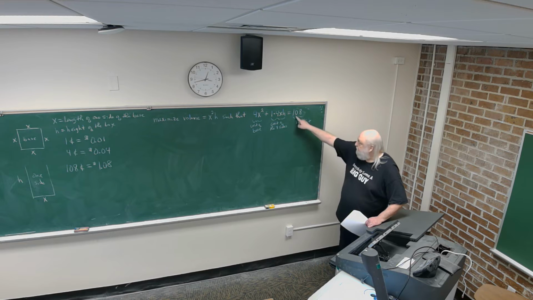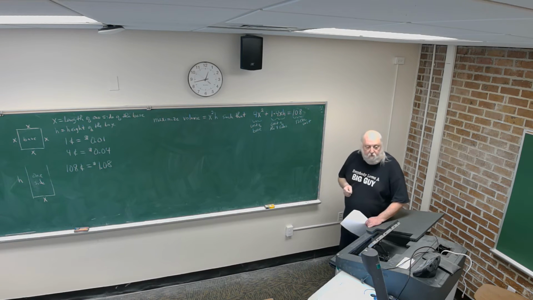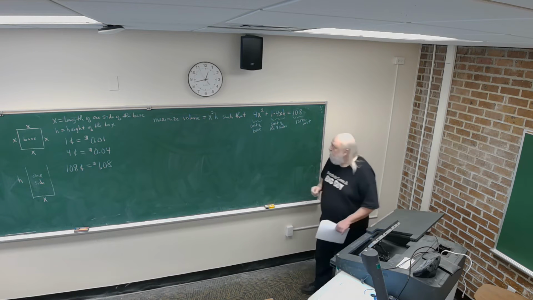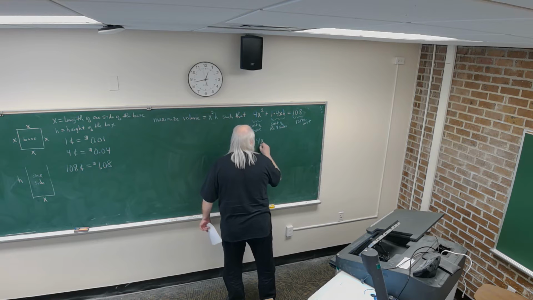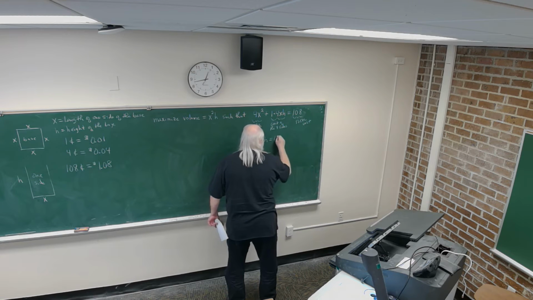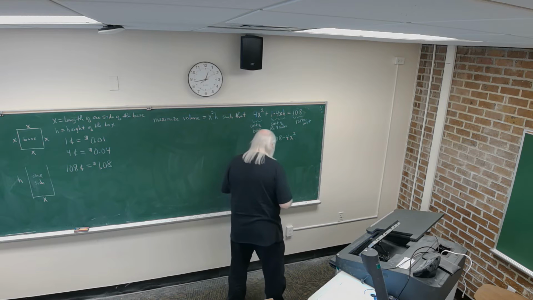Well, this is our budget constraint in terms of X and H, and we can solve for H. So when we solve for H, we have 1 times 4 times X times H is 4XH. Then I subtract 4X squared from both sides.